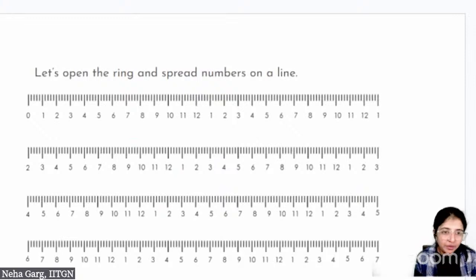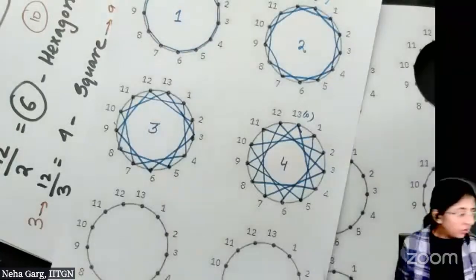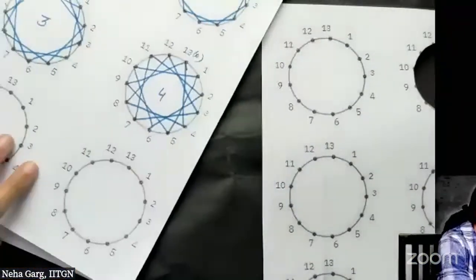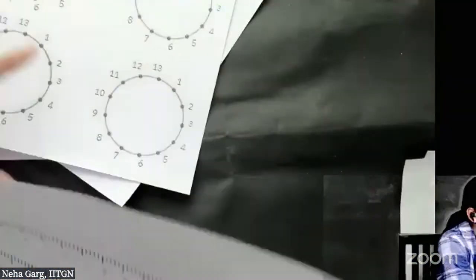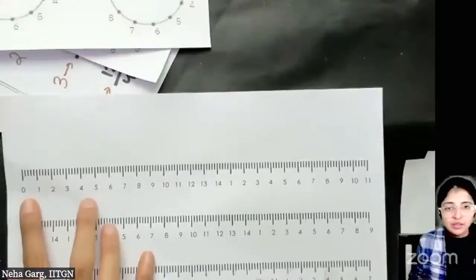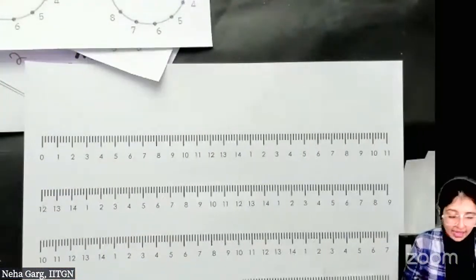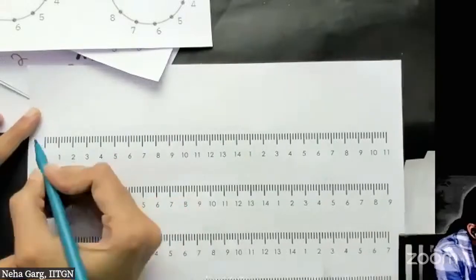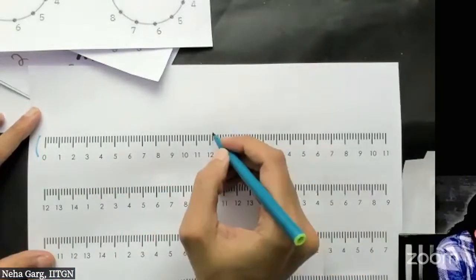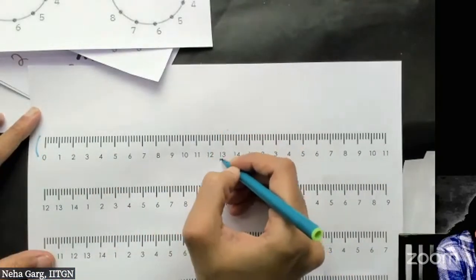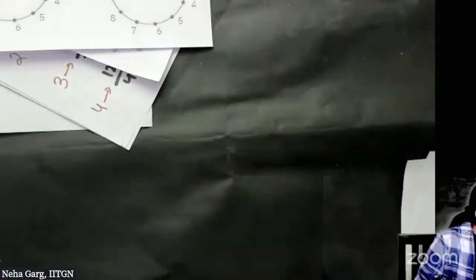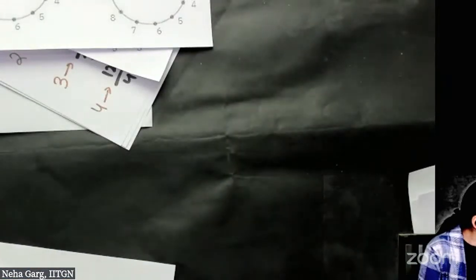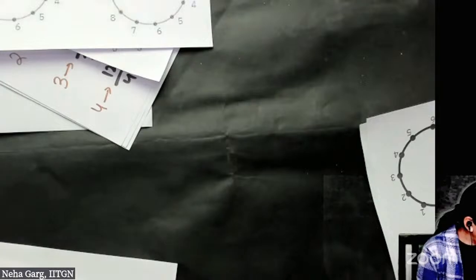You can look here, I have spread this out. I'll show you the overhead also. Here we have it. You can see I have opened my ring and it starts from here and goes till 13. Oh sorry, this is the 14-point one. I need the 13-point, 12-point.